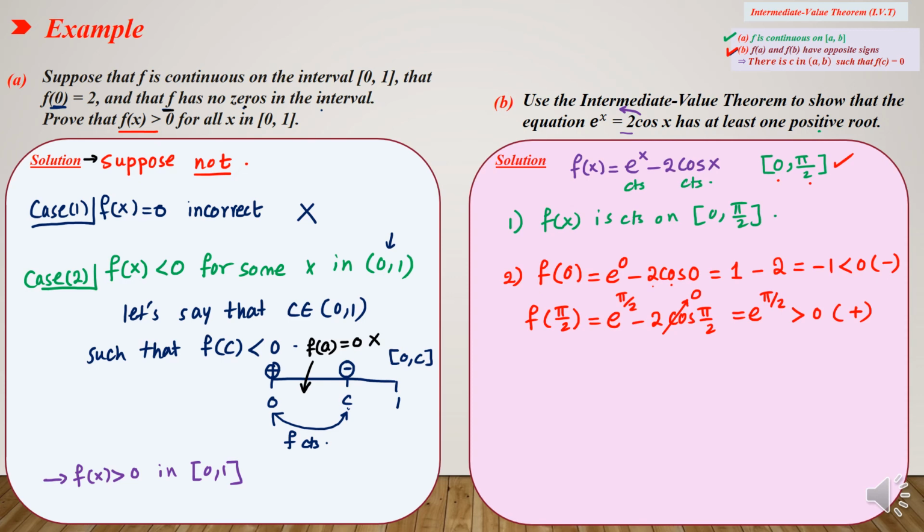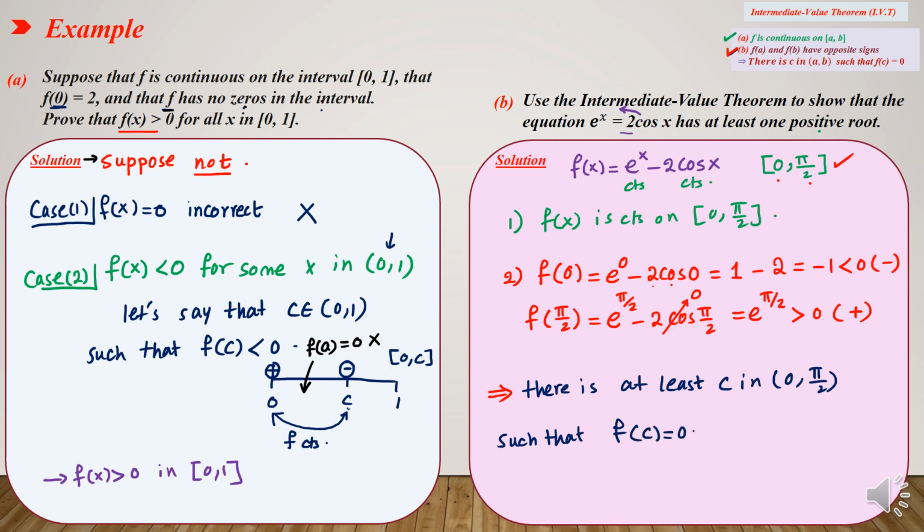Now what is the conclusion? The conclusion is there is at least one c in the interval from 0 to pi over 2 such that f of c equals 0.